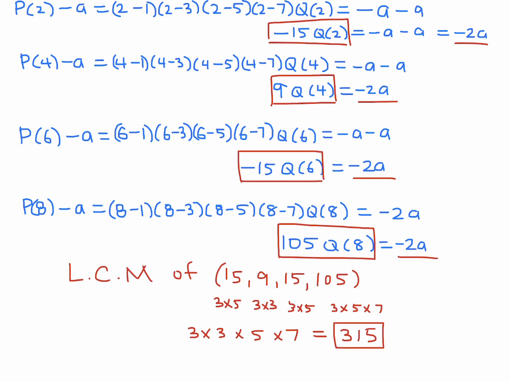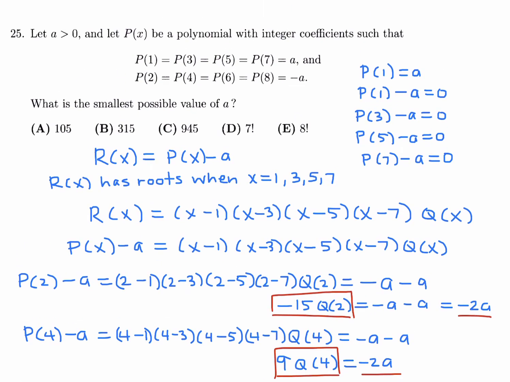And that is the minimum, because a is going to be something times 315, 315n perhaps, and this is minimized when n is equal to 1. That, of course, gives a value of 315. So the answer to number 25 is B.